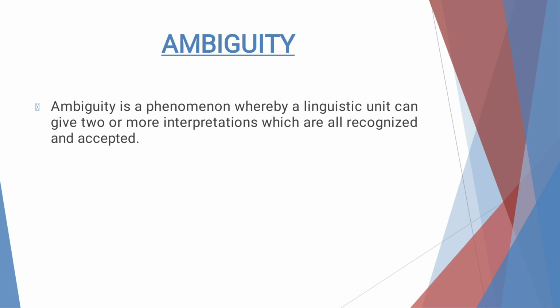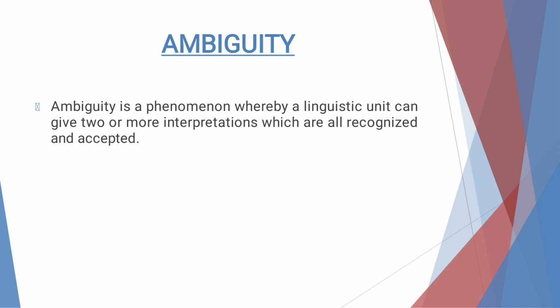So, anytime you talk about ambiguity, we are talking about a grammatical expression or a grammatical construction or a logical unit which could be interpreted in two or more ways. And at the same time, these interpretations are recognized and accepted.